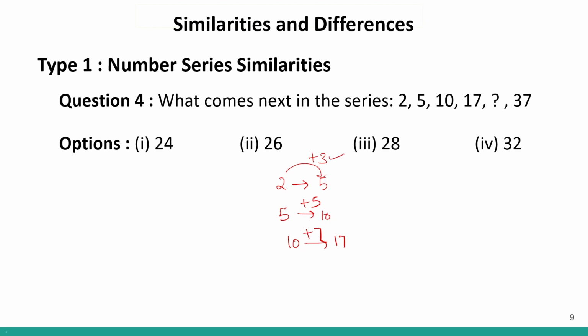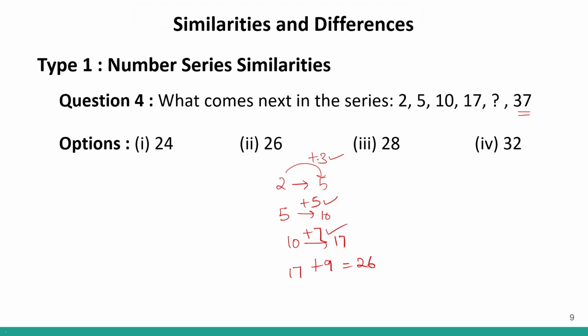Similarly, I can see we are adding plus 3, plus 5 and plus 7. So we are adding consecutive odd numbers. So if I add the next consecutive odd number, that is 9 to 17, I'll get 26. Now we have to check whether it will follow the same logic with 37 as well.